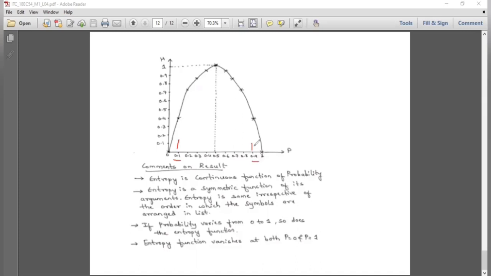The entropy value is same, and the symbol probabilities are also same, but they are occurring in a different order. So even though probabilities occur in a different order, the entropy doesn't change. And when probability is 0, entropy is 0, and when probability is 1, entropy is 0. Therefore, entropy vanishes when probability is 0 and 1.